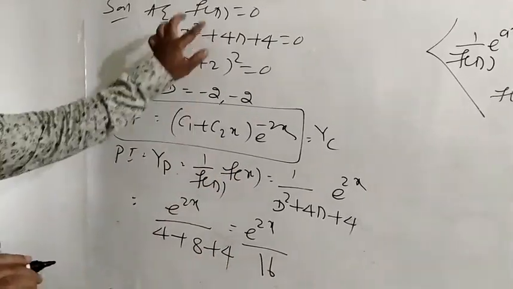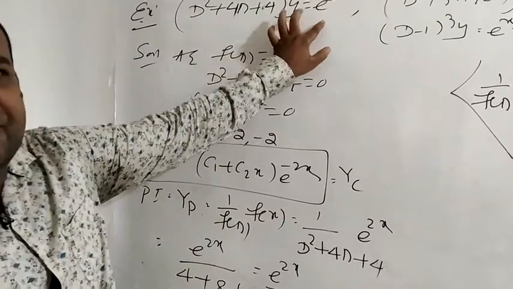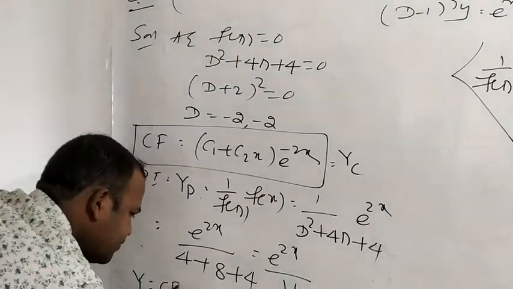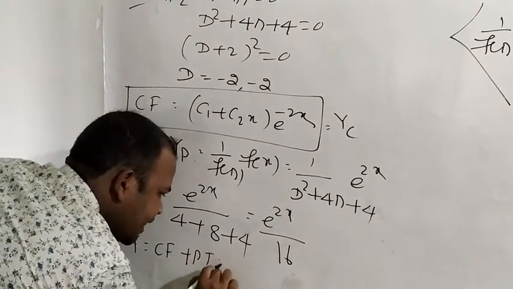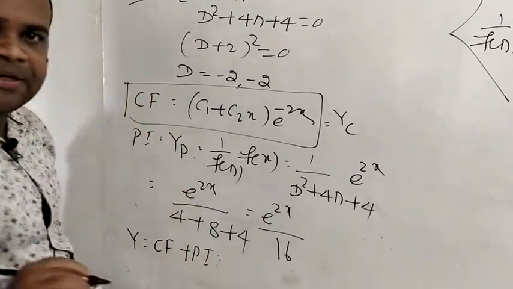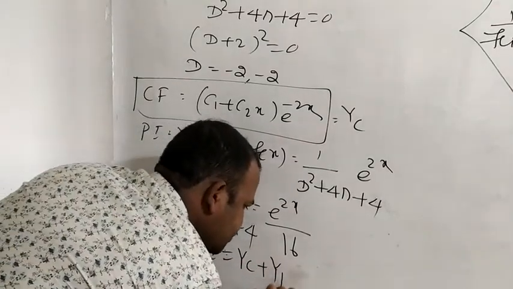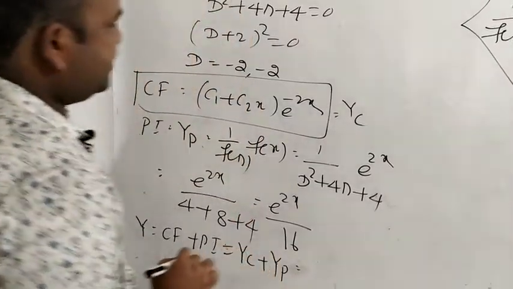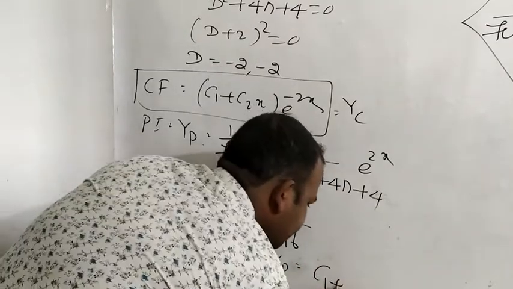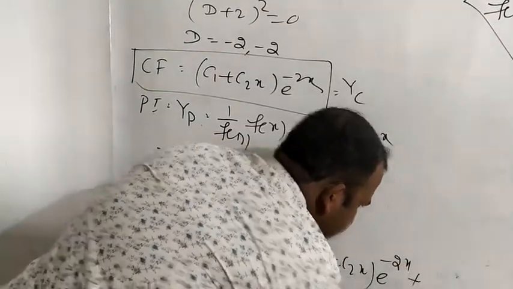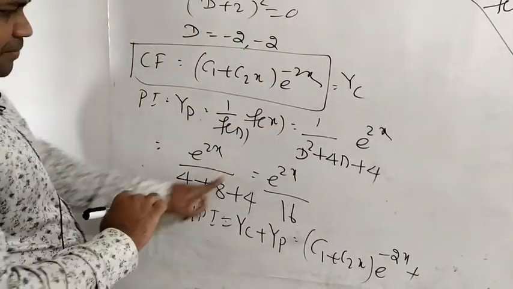So what is the total solution of the linear differential equation? That is y equals CF plus PI, complementary function and particular integral, that is YC plus YP. So what is YC? (C1 plus C2x) e raised to -2x. And what is PI?